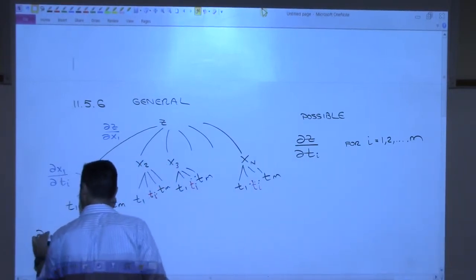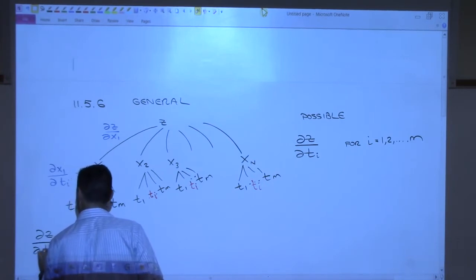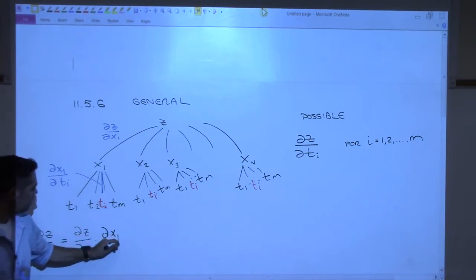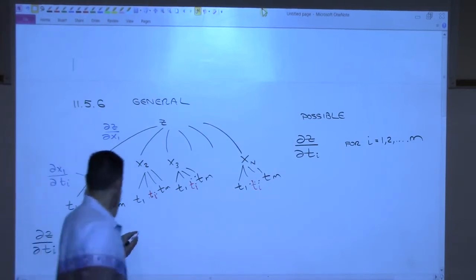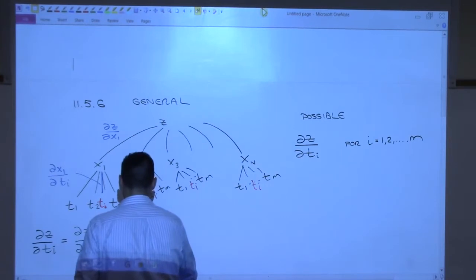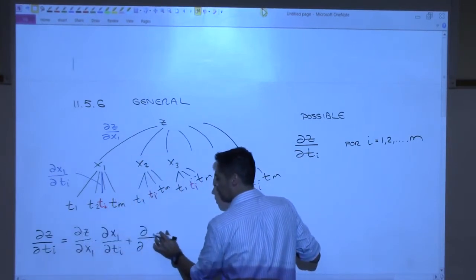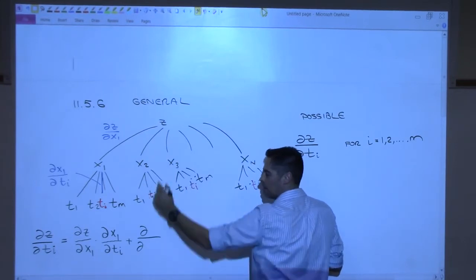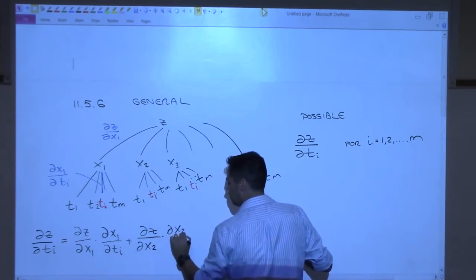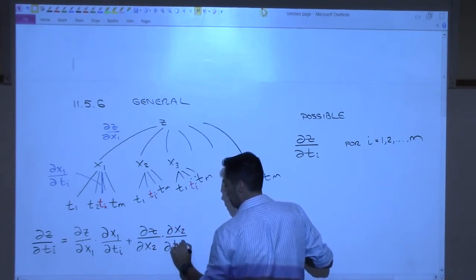The partial of z with respect to ti would be equal to, like you just said, partial of z with respect to x1 times partial x1 with respect to ti, plus, coming down this branch now, partial z with respect to x2 times partial x2 with respect to ti. Are you still there?